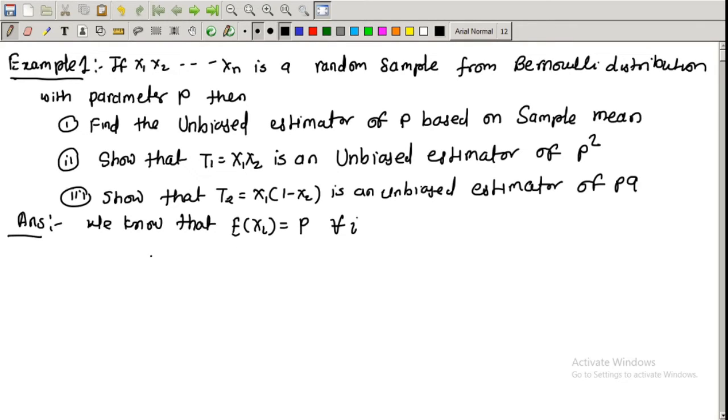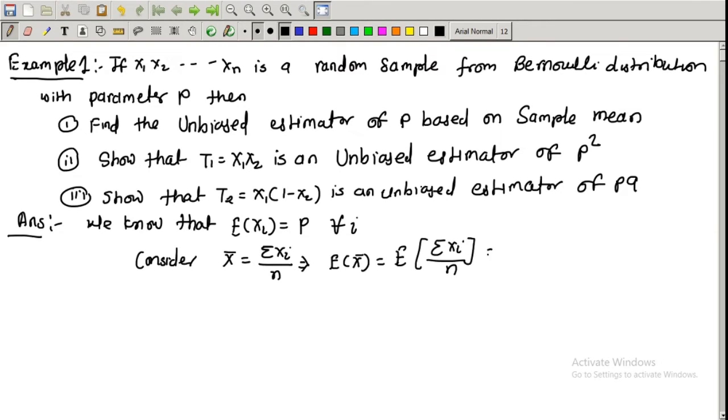Then consider sample mean, that is x bar, which is equal to summation of xi upon n. So when you take the expectation of x bar, it is expectation of summation of xi upon n. So we can take expectation inside, correct? So summation of expected value of xi upon n. But you know expected value of xi is p.